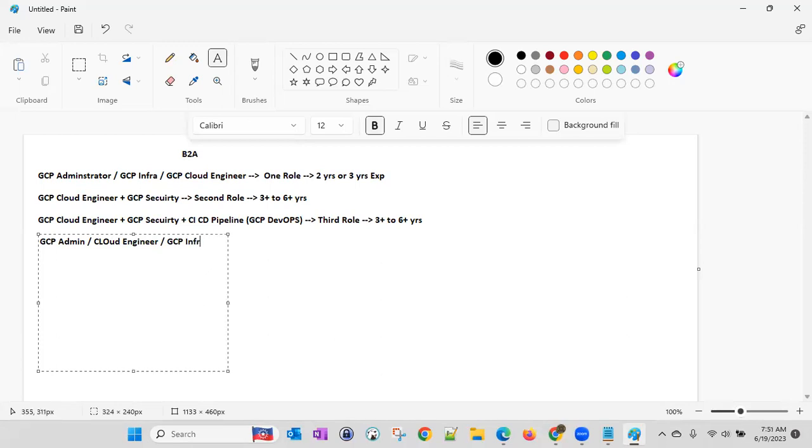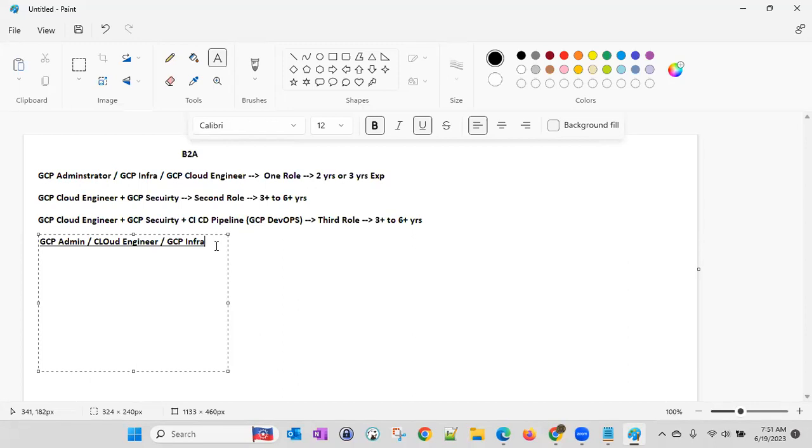But suppose someone is working and they are giving some experience, three or four years, they can mention that, but they should not say I'm a GCP administrator. In GCP, they do not say I am a GCP admin. We have Azure administrator, AWS administrator, but in GCP they call it cloud engineer.